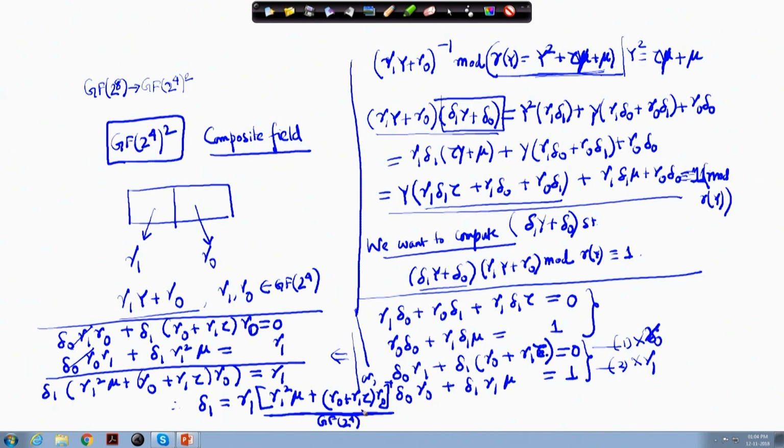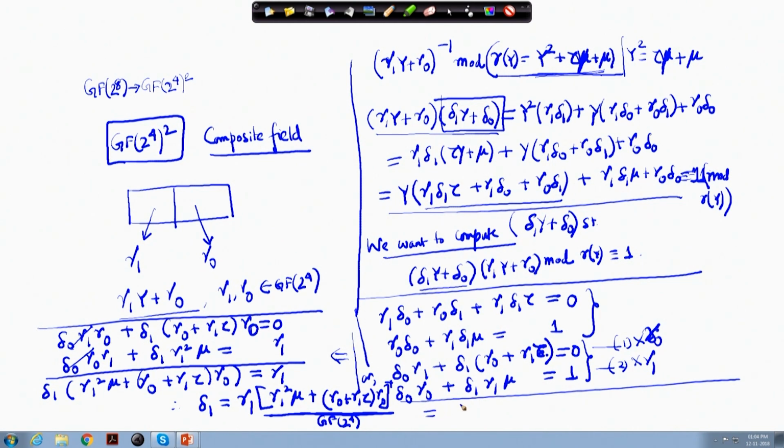So, therefore, this inverse is done in a smaller field, which is GF 2 to the power of 4. So what we get here is that delta 1 is gamma 1, and you can also do a few simplifications here.